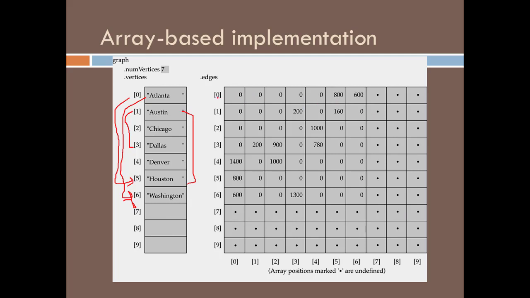It means Atlanta is not connected to Atlanta, Austin, Chicago, Dallas, or Denver, but it is connected to Houston and Washington. Similarly, for other nodes we can make these connections to represent the relationship between nodes and edges using the array data structure.